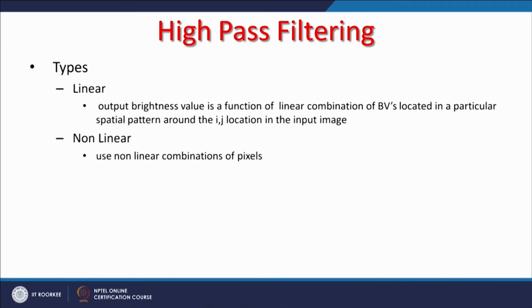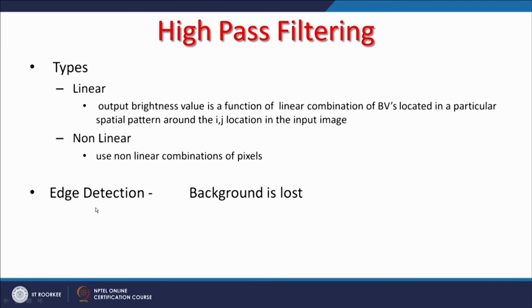In case of high pass filters, we can take linear or non-linear. The output brightness value in case of linear is a function of a linear combination of brightness values located in a particular spatial pattern around the pixel ij location in the input image. And in case of nonlinear, we use nonlinear combinations of pixels.